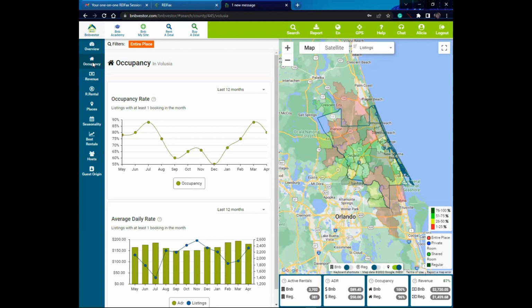That is, in these months, the highest percentage of occupancy, that is, that the properties are booked, which are the best months.